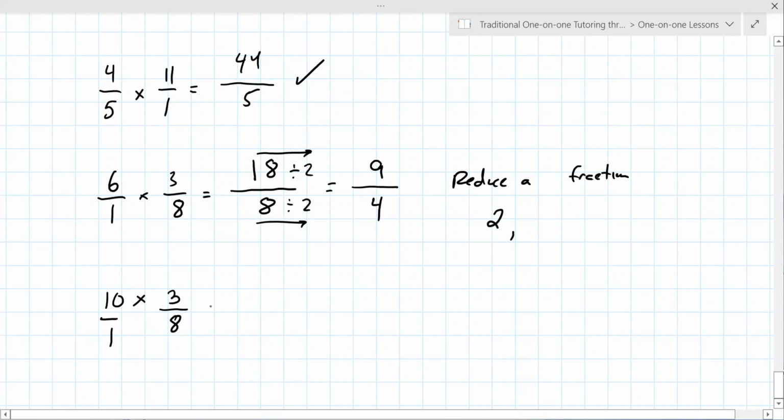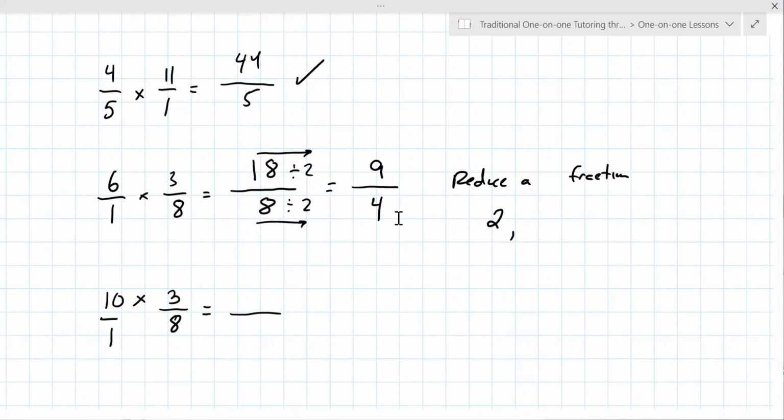Can you try this one for me, please? Yeah, I got my answer. Did you reduce your answer? No. You need to reduce your answer. I'll bet 2 goes into both your numbers on the top and the bottom.